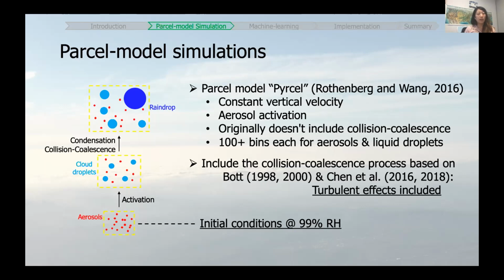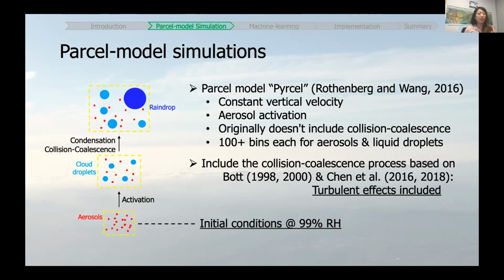So there are more than 100 bins that represent the size distributions of aerosols and liquid droplets. So this is a very computationally expensive run, and it took around 2 or 3 hours to finish a 30-minute simulation, just for one simulation.